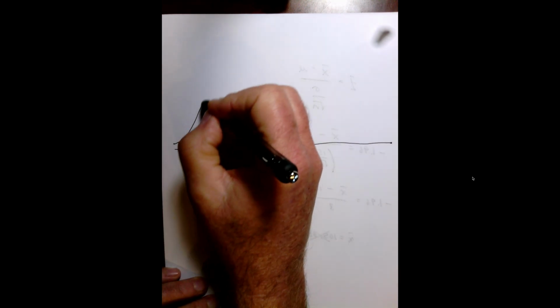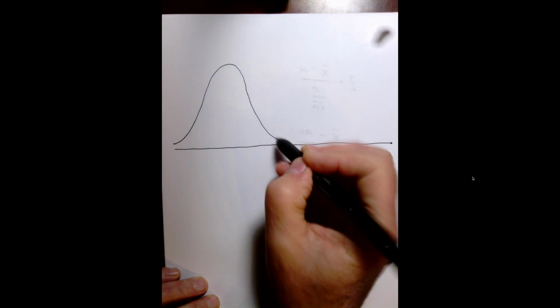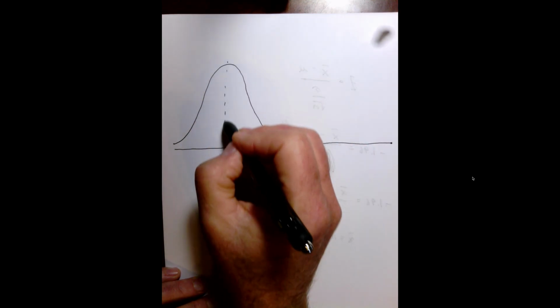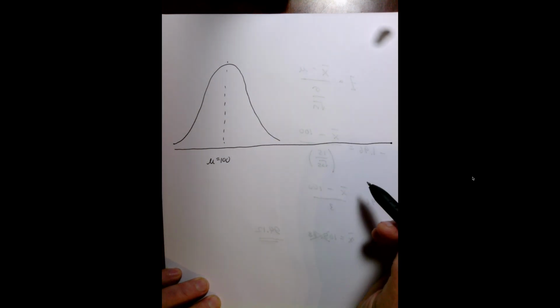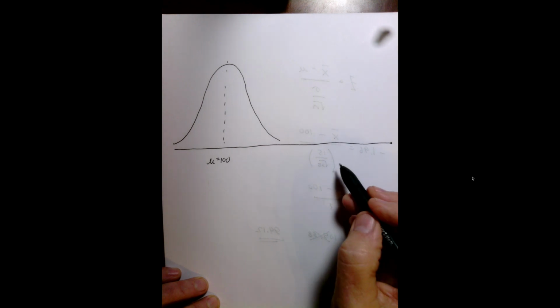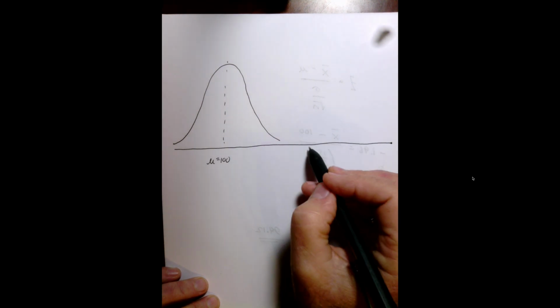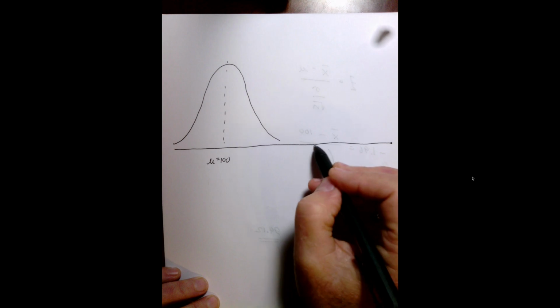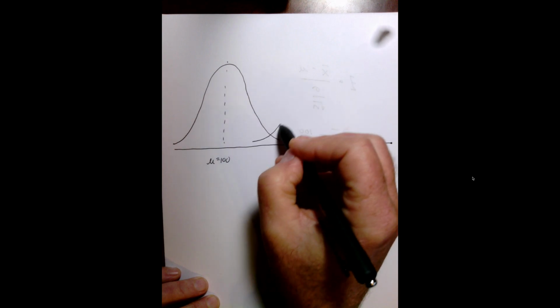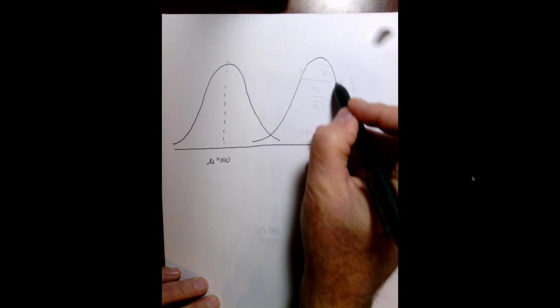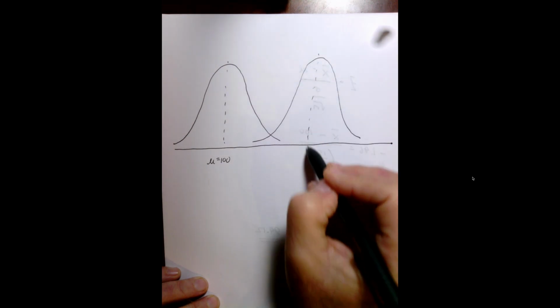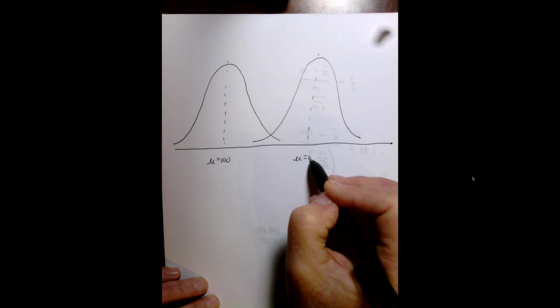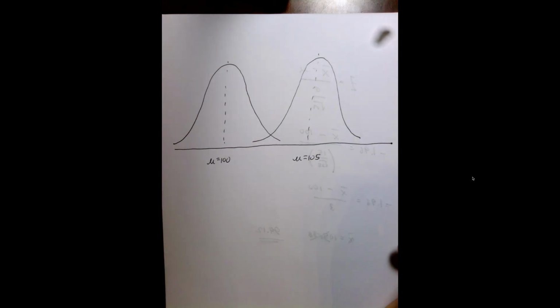So again, we've got our initial distribution with a mean of 100 because that's what's hypothesized. But let's say, for example, that the true mean is equal to 105.